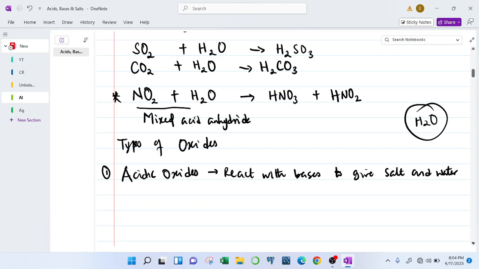So these same oxides, when they dissolve in water, have already produced acids. Their effect is that they will turn blue litmus red. Because they have an acidic nature, you are told that they turn damp blue litmus red. If it is a dry litmus, it does nothing.